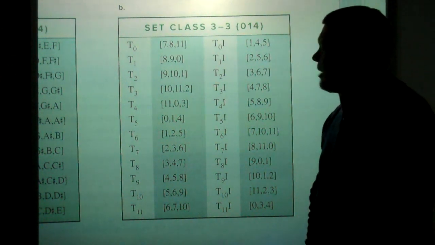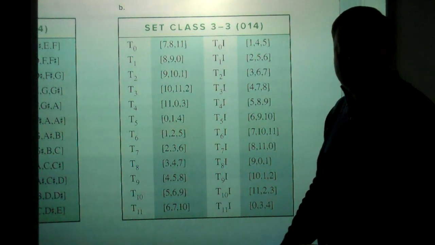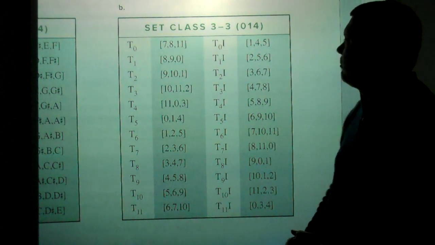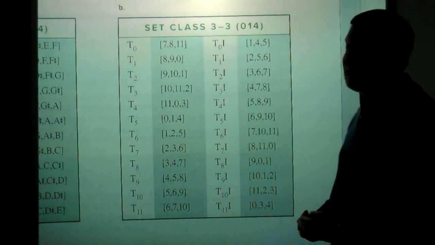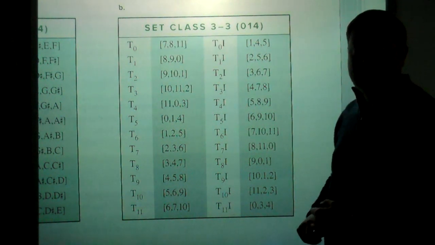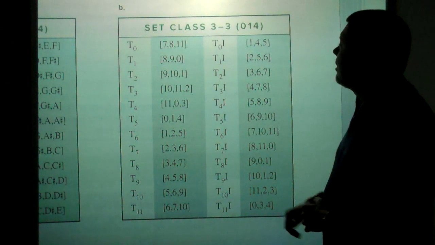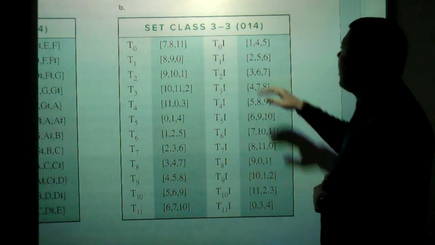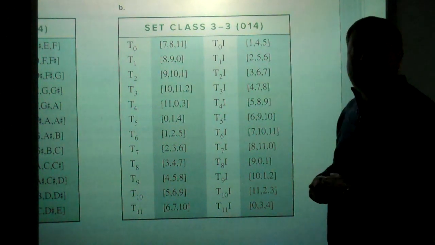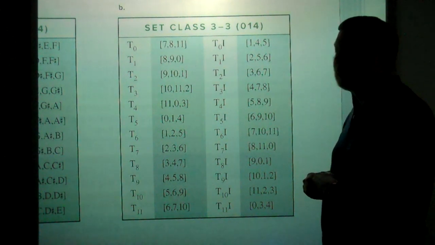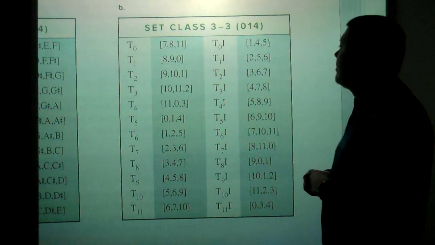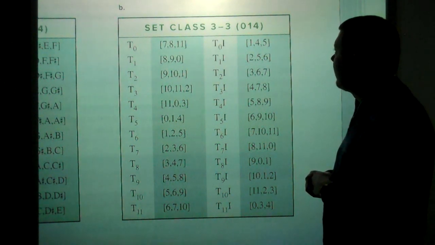Now, just for your information, because this can be very helpful, especially with the next assignment that I'm going to give you, in the back of your textbook is an appendix. It's called Appendix C, and in that appendix are listed every single possible prime form of every single possible pitch class set that there would be in atonal music.